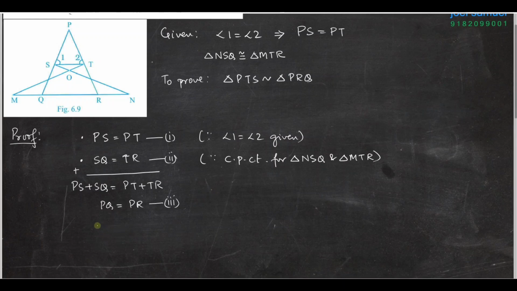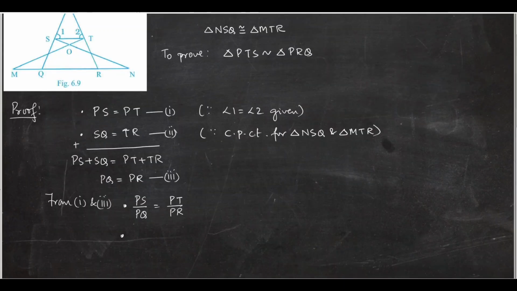So now I'm going to say equation 1 and 3. If I divide PS upon PQ, it would mean PT over PR. That is one statement that I can make, because these two are equal and these two are equal, therefore the ratio of the left hand side would be equal to the ratio of the right hand sides.